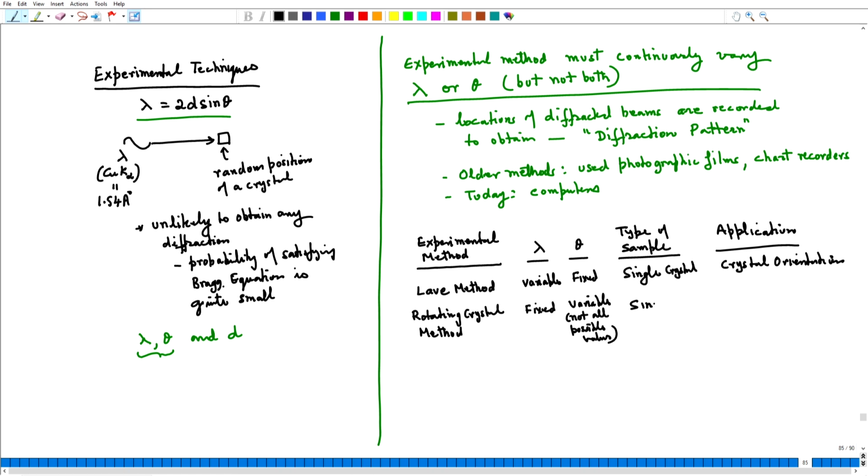Sample used is again single crystal. This is for determining crystal structures. If you have low symmetry structures, then this method could be quite useful.